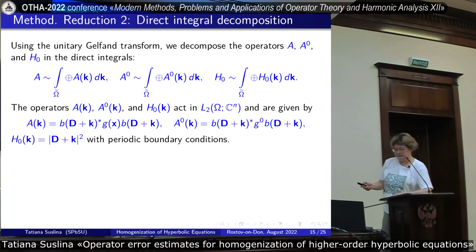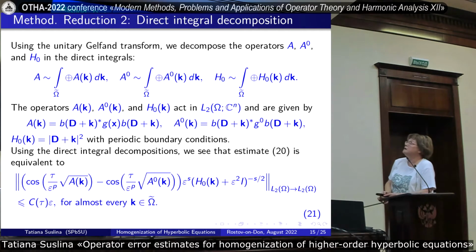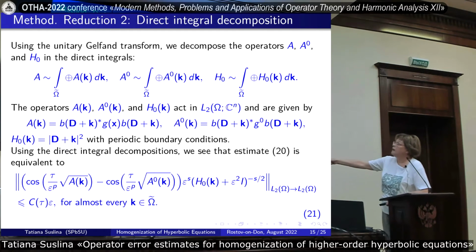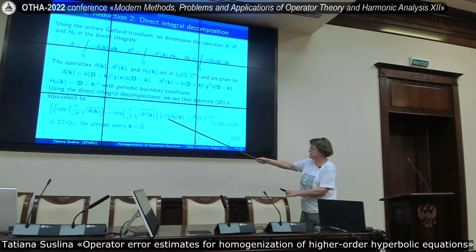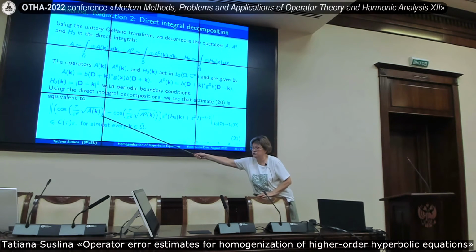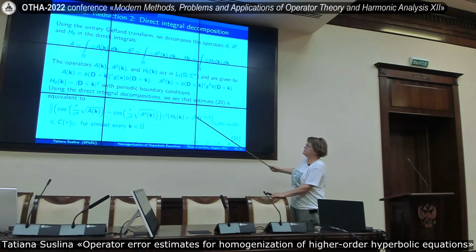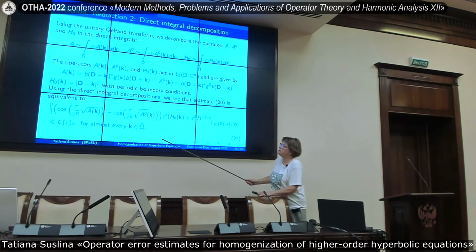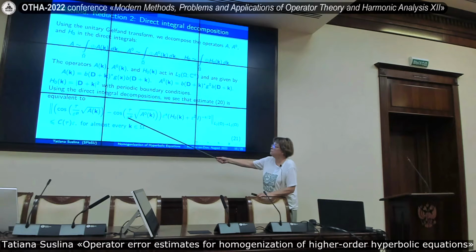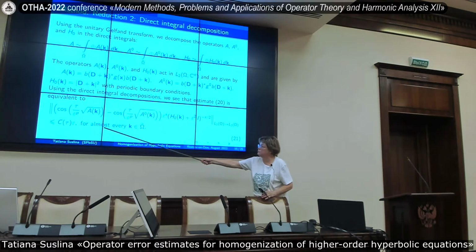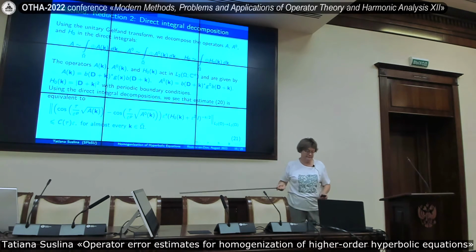And applying these direct integrals, we see that the required estimate 20 is equivalent to estimate 21. In fact, it's the same estimate, but for operators depending on quasi-momentum k. And the norm here is in L2(omega). And we have to prove this estimate for almost every k in omega tilde.